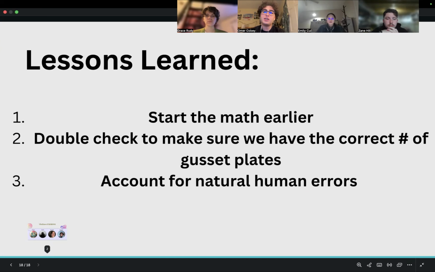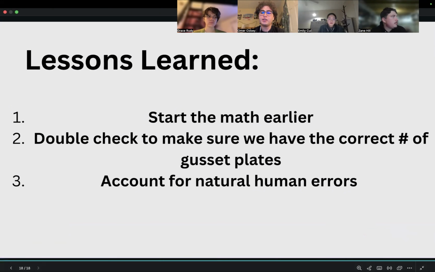Secondly, double checking to make sure we have the correct number of gusset plates was definitely an important thing that we didn't do. Once we realized it, it was too late, so we had to go back to the wood shop and try to fix it. And thirdly, accounting for natural human errors.